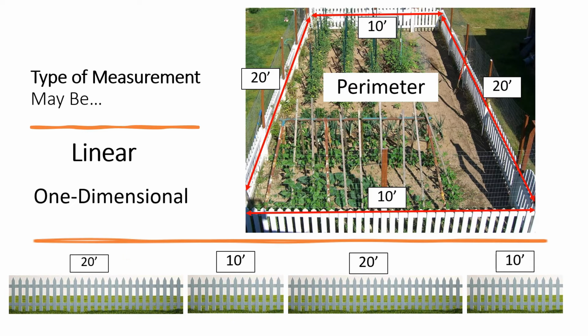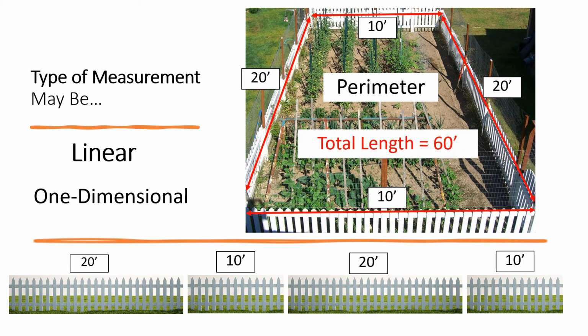What do you have? You got a one-dimensional measurement that you just added together to get the total length. So it's still a total length, which makes it linear or one-dimensional. Even though you measured in different directions, you just simply add it all together to get one length, one dimension.